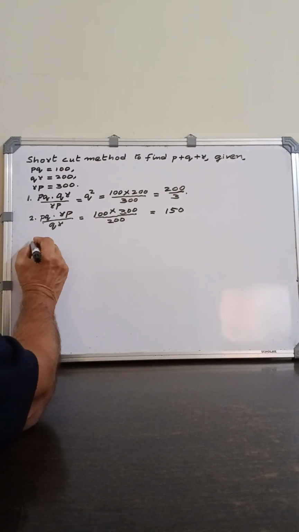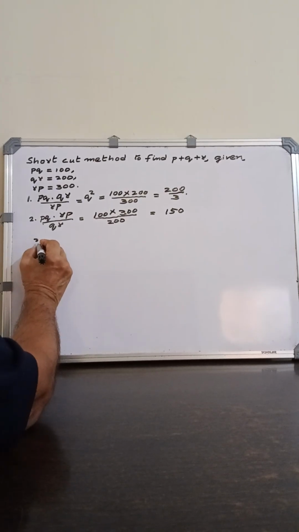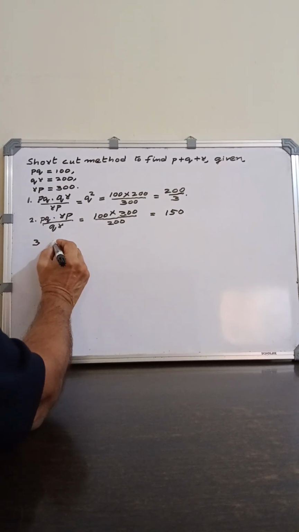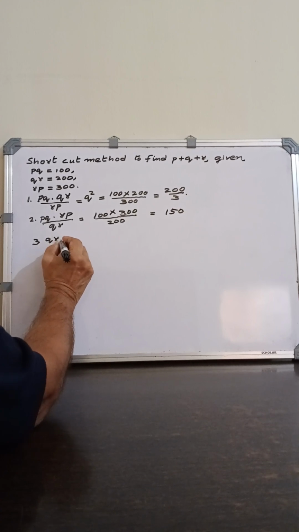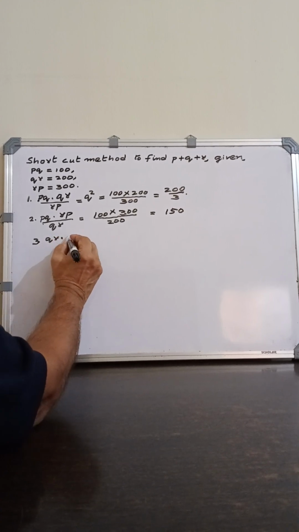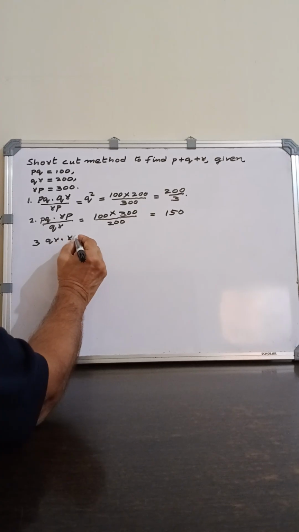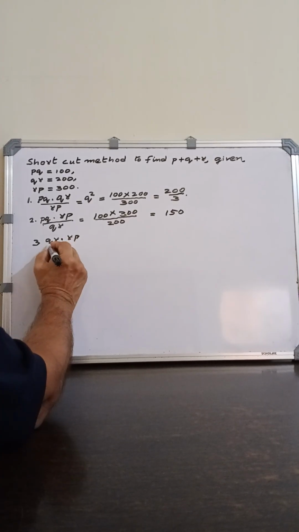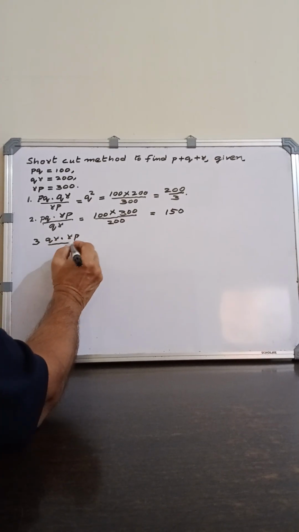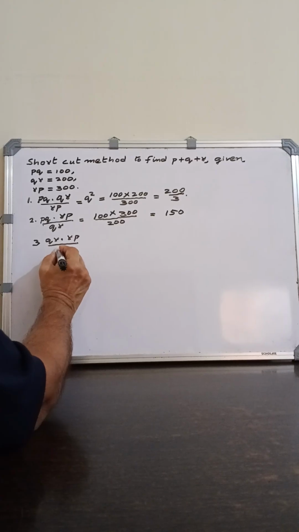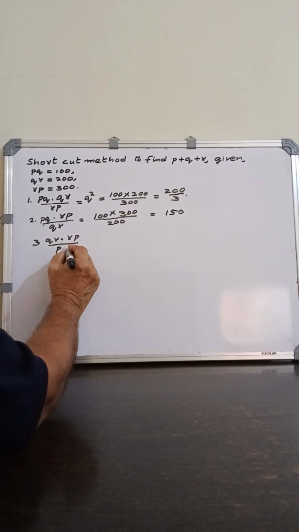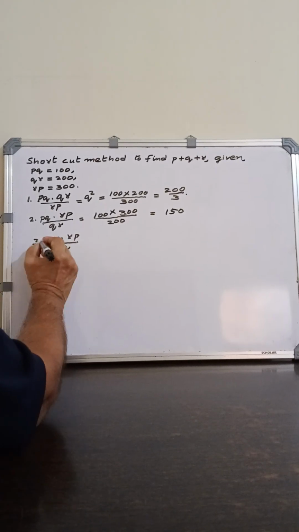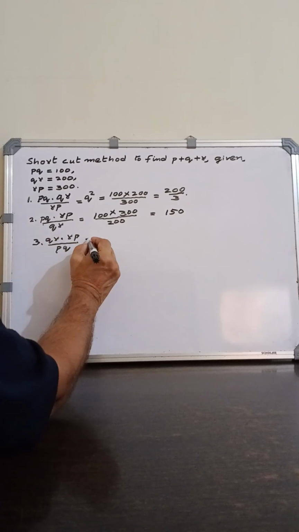And next, the third one, I am taking QR into RP by PQ equals QR.